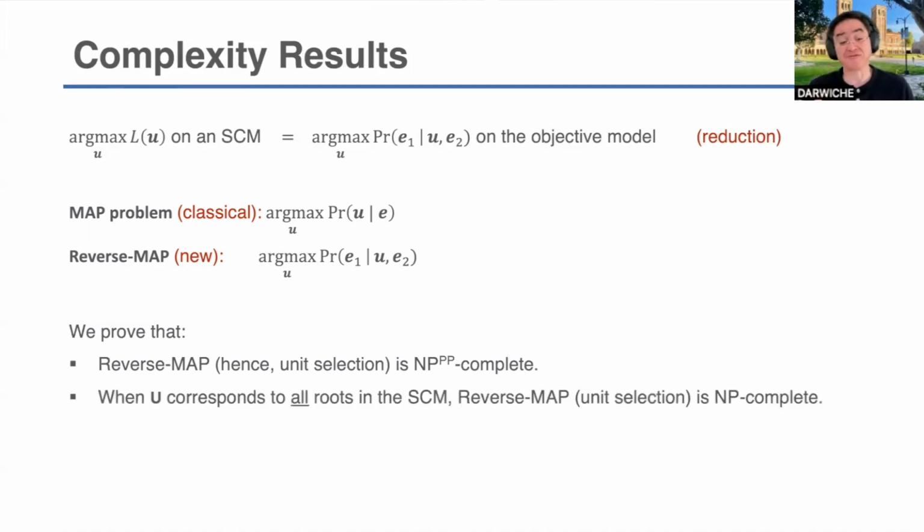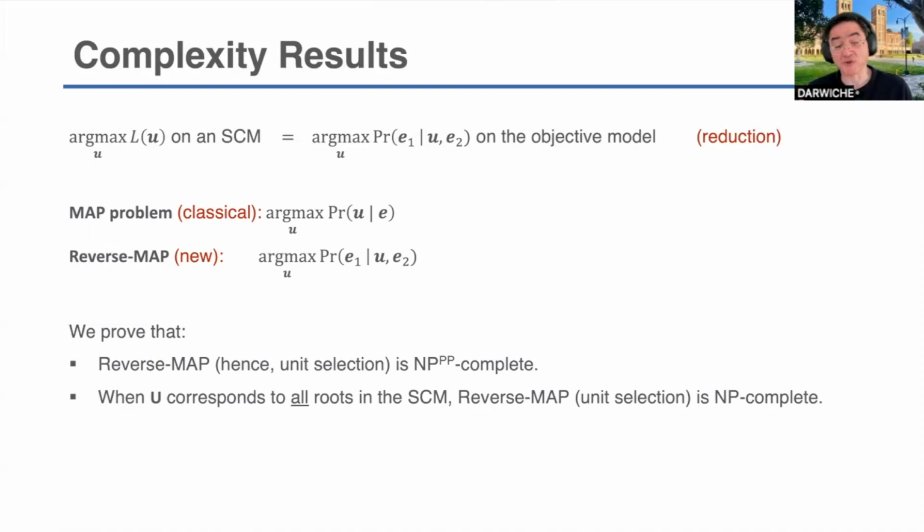And interestingly enough, we said that the unit variables we're trying to optimize are roots. They can be a subset of the roots, but if they are all roots, then the problem becomes NP-complete, so it becomes easier. If you're optimizing over all roots, that's easier than doing a subset of the roots.